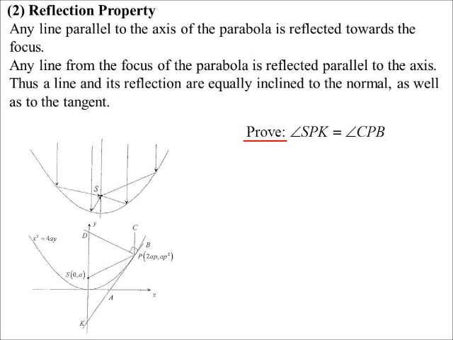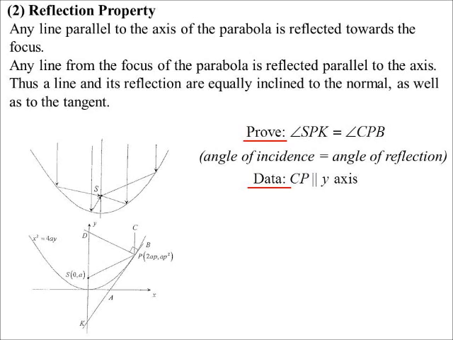And you'll see there's lots of different ways of proving this particular one. This is just one way of doing it. So angle of incidence equals angle of reflection. Now what do we know? I know that CP is going to be parallel to the y-axis, because when it bounces off our reflector, it's going to go off parallel to the axis of the parabola.